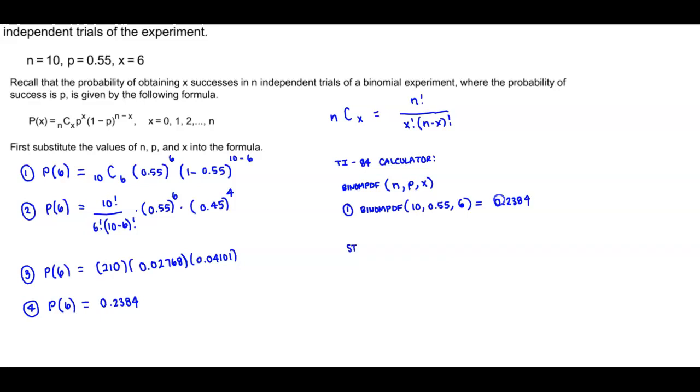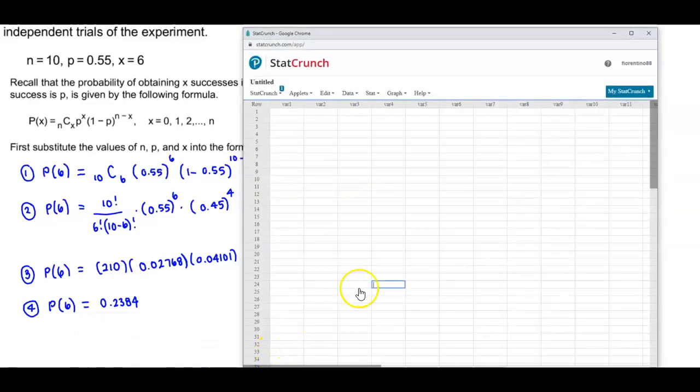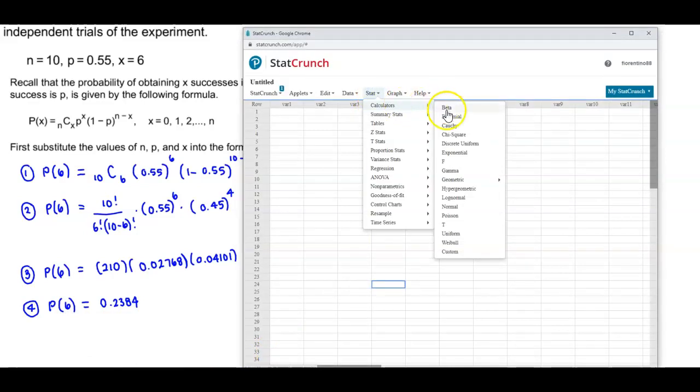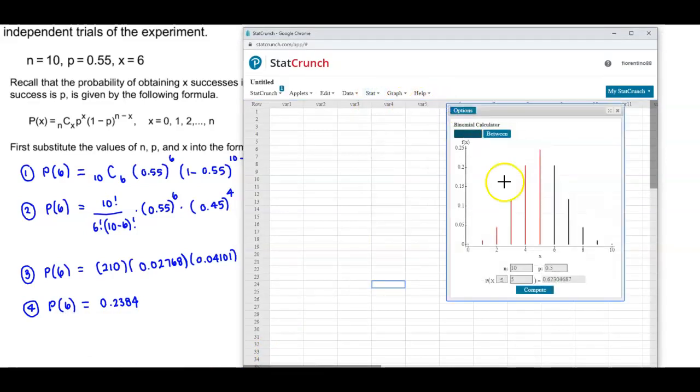Now, if I wanted to use StatCrunch, then what I'm going to do is the following. I'm going to go to StatCrunch, and I'm going to select Stat. I'm going to go to Calculators, and I'm going to select Binomial. Okay, so at this point, we're using the standard.